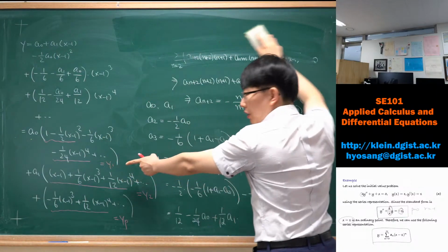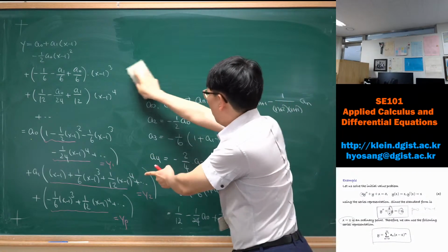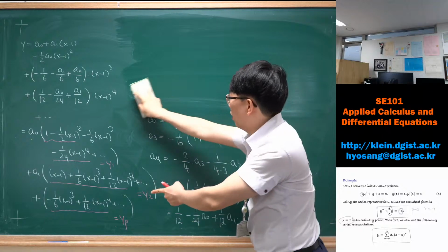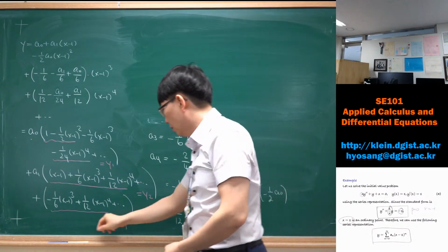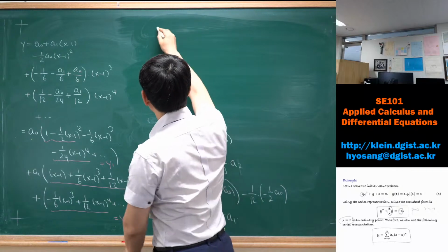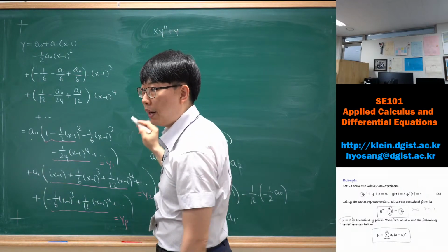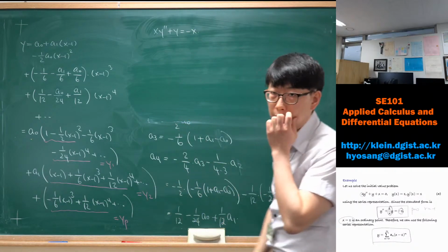So we have three sets of solutions written in terms of series expansion. y1 and y2 are fundamental solutions to the homogeneous differential equation. So we had x y double prime plus y equals negative x, right?